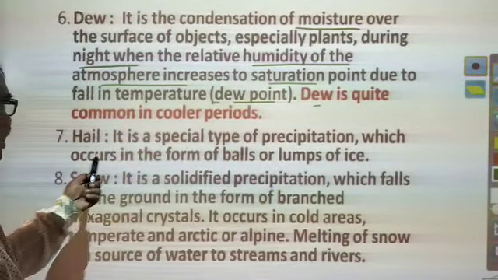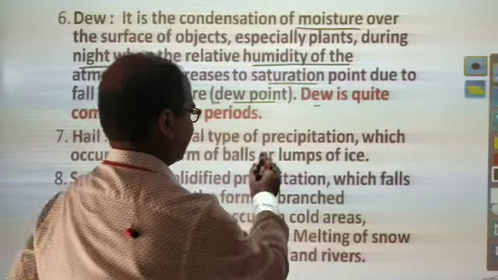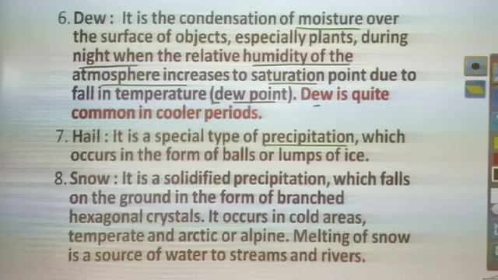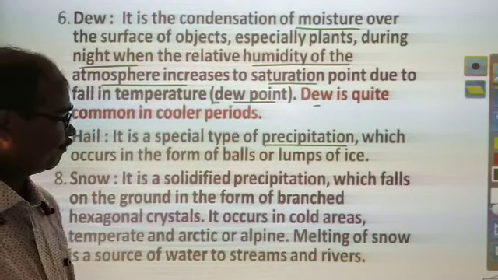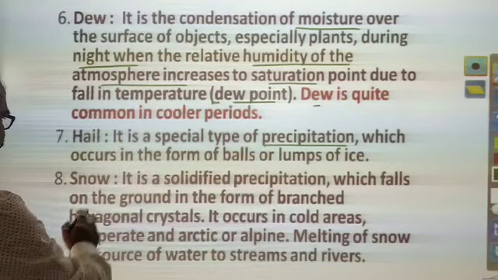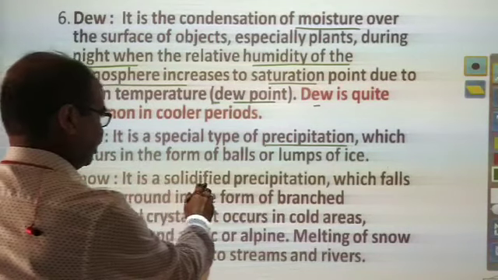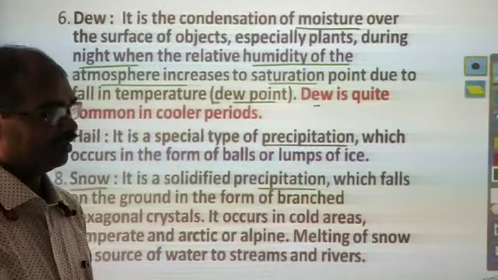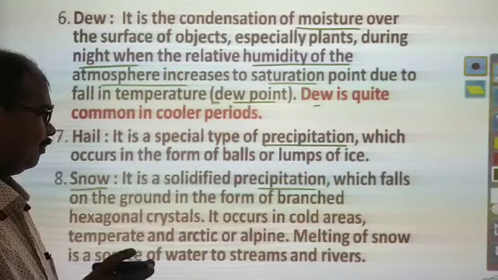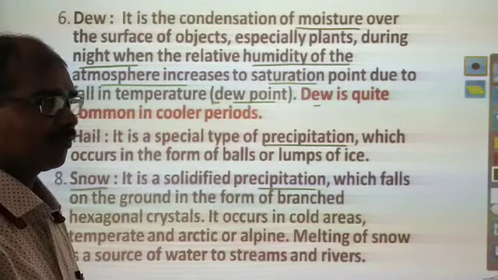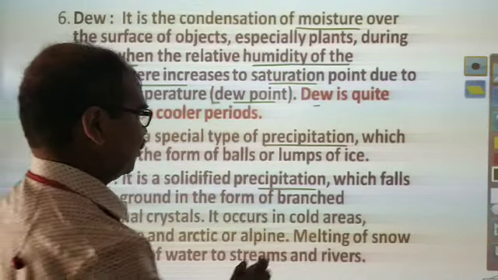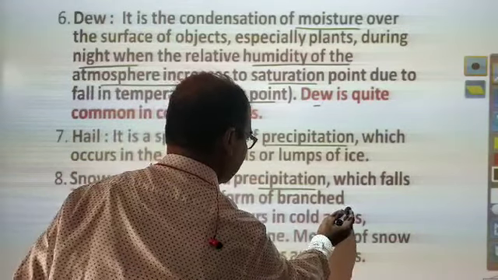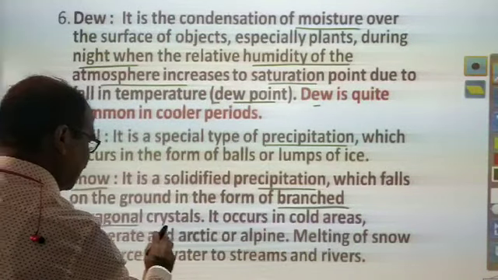Hail is a special type of precipitation which occurs in the form of balls or lumps of ice. Snow is a solidified precipitation that occurs in Kashmir and in Odisha, Phulbani, which falls on the ground in the form of branched hexagonal crystals.